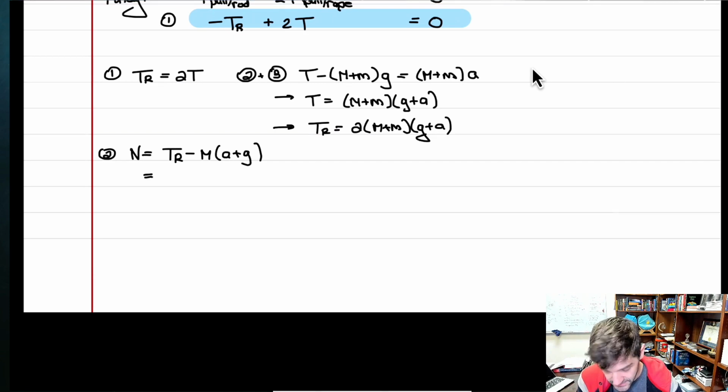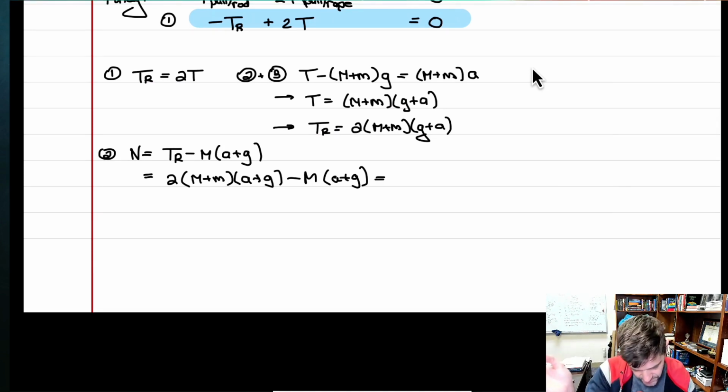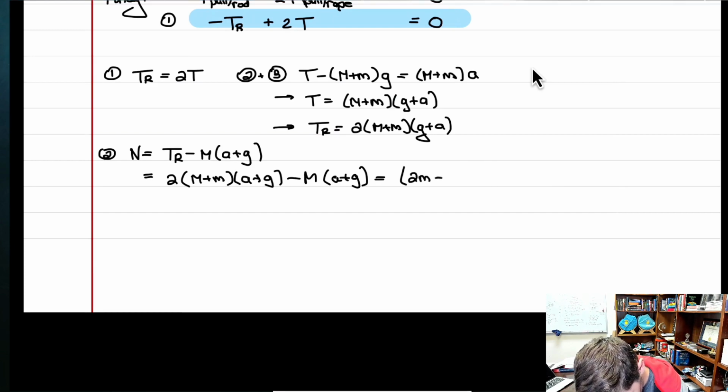So then that looks like it's something like, notice that they kind of are similar to one another, because this is 2 sum of the masses times a plus g minus only big M, a plus g. So it looks like if you multiply the 2 in, one of the big M's cancel. So this looks like it's going to be 2 little m plus big M, a plus g, as a result, is my normal force.